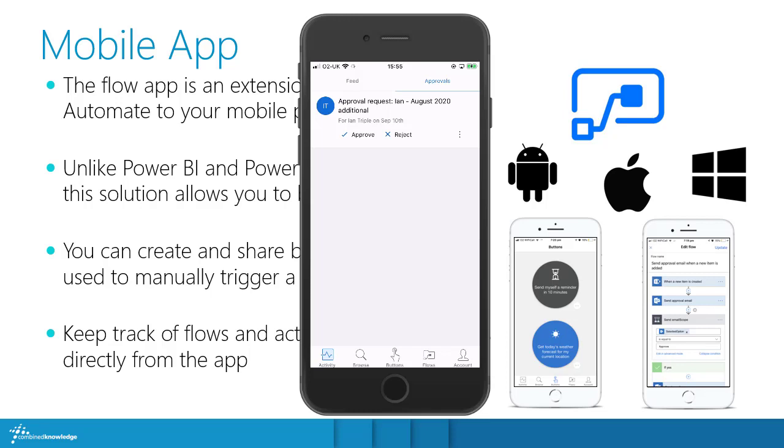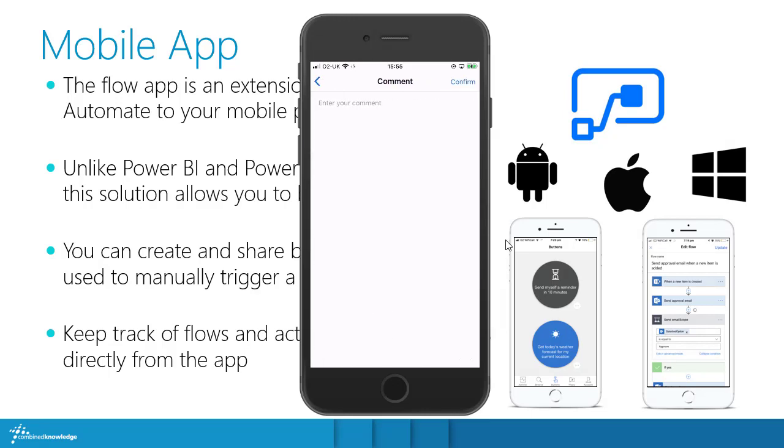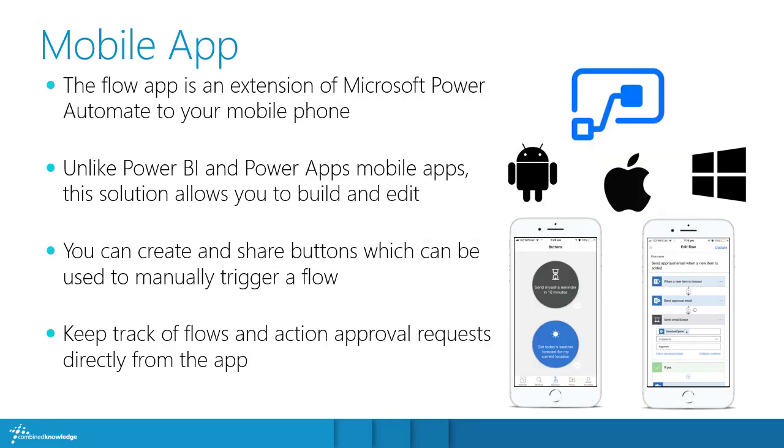He's able to submit his expenses reports to his manager, which I've put as myself, and Power Automate is able to identify Ian's manager and send that item off for him to approve and reject. So I can come in here and I can approve. I can link to the item itself in the middle, so I can actually go off and view the document. I can choose how I want to respond to the request, and at the bottom I can even put in a comment, so I can come in here and type in my comment.